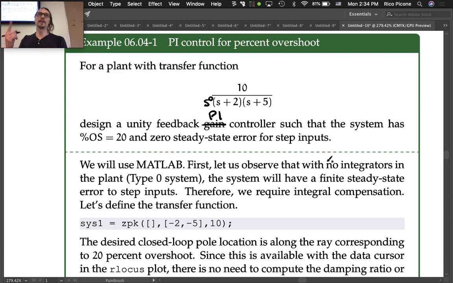And if you look up in that table, you'll see that a type 1 system with a step command gives you 0 steady state error, and you'll be good to go. So that is our approximate approach here: we're just going to include an integral compensator and get 0 steady state error.